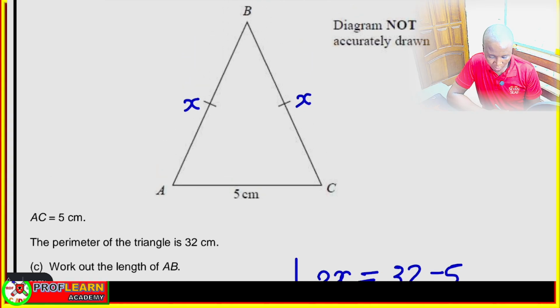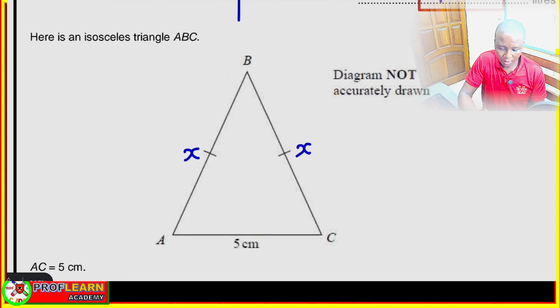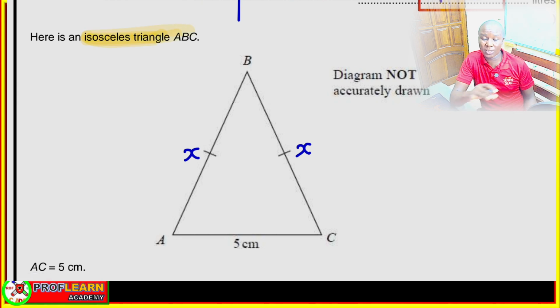There could be also a question to do with perimeter, and then we are told that this is an isosceles triangle. And what we need to understand is that in an isosceles triangle the base angles are equal, and the two sides of that triangle are also equal.